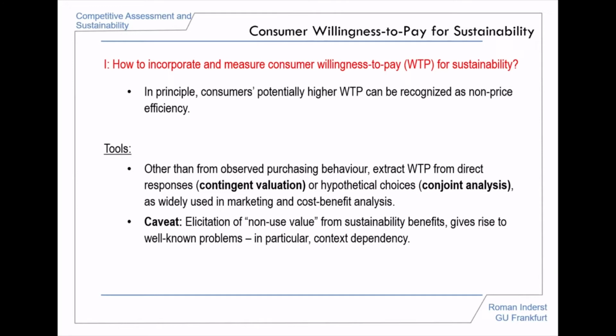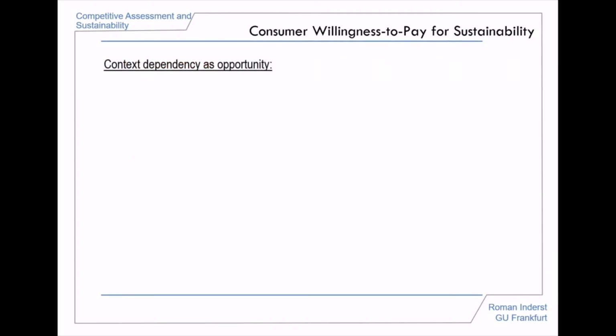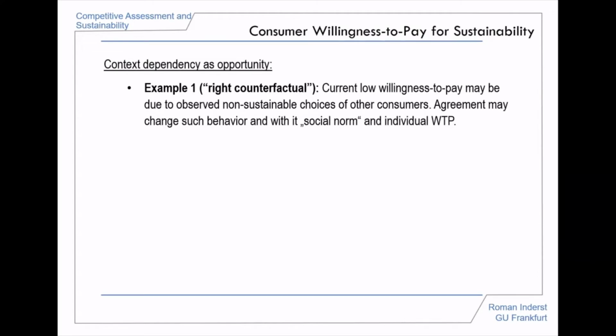That is, the willingness to pay seems to depend very much on the context that we give the subjects, for instance the information that we give them. In various work with co-authors, I've tried to make this not a problem, but an opportunity. I'm going to give you 2 examples of why this context dependency can provide an opportunity for greater incorporation of sustainability benefits.